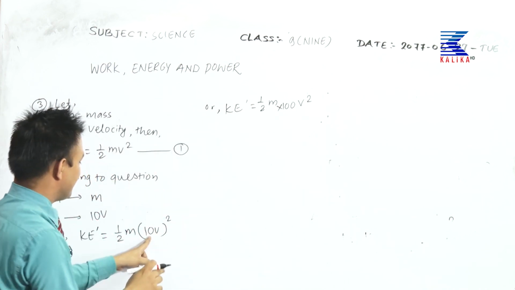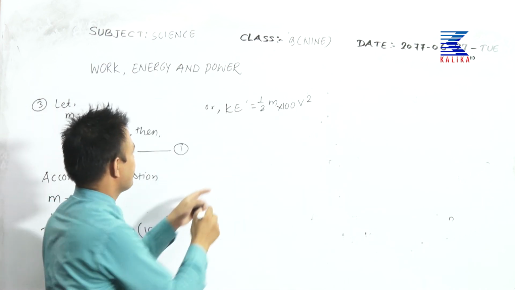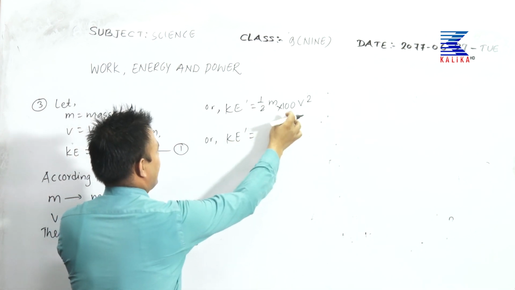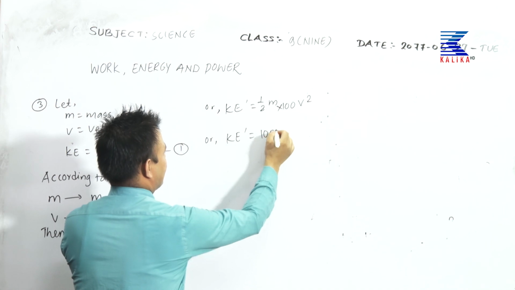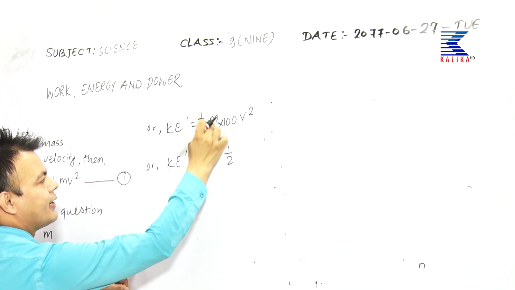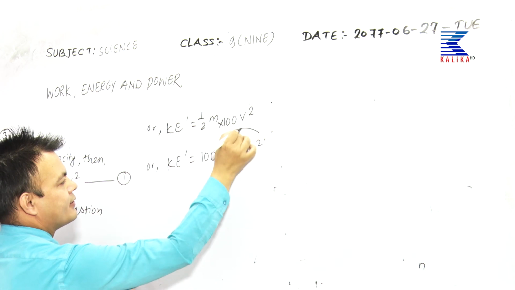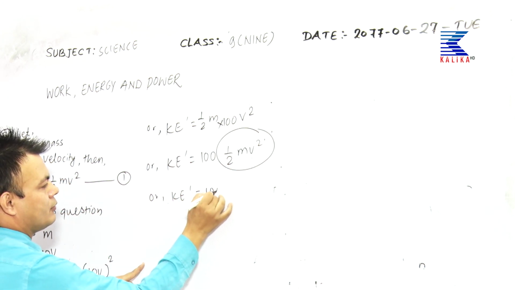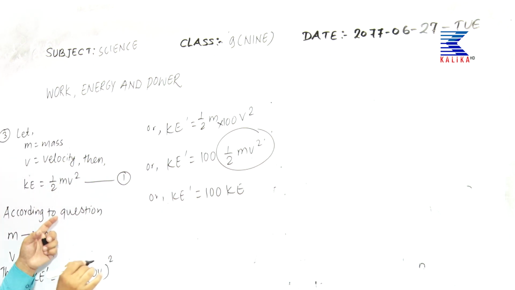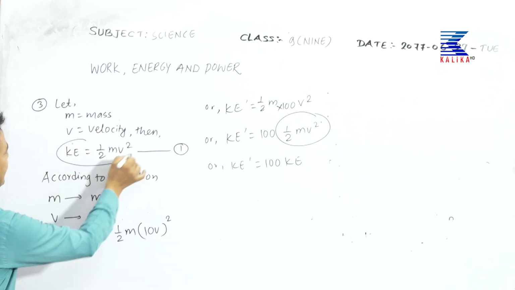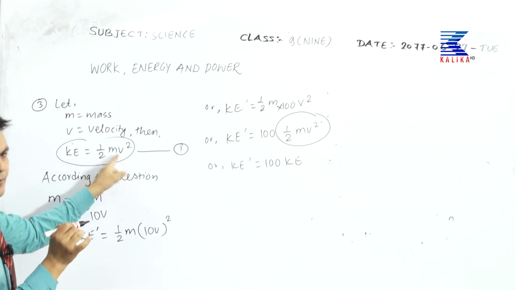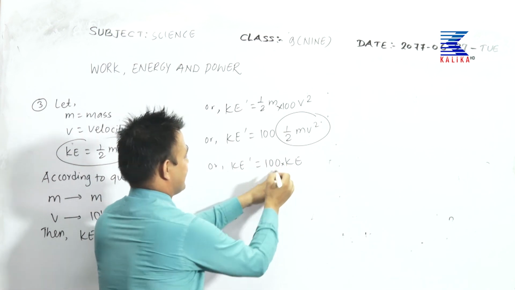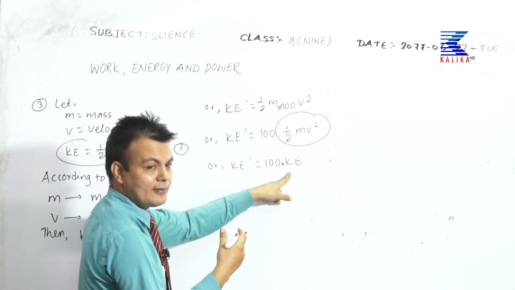Where did you get the 100 from? 10 into 10, 100. So KE dash equals 100, bring it to the front, 1 by 2 mv square. This 1 by 2 mv square is equal to KE, from equation 1. So KE dash, the new KE, becomes 100 times greater than its original value.